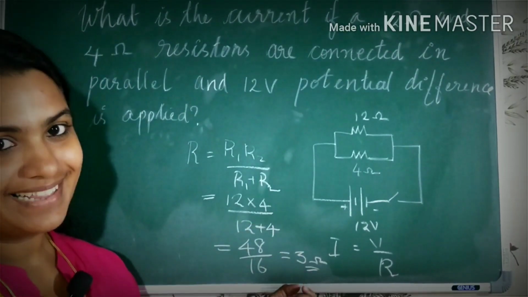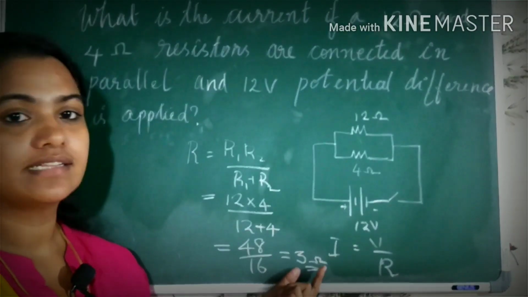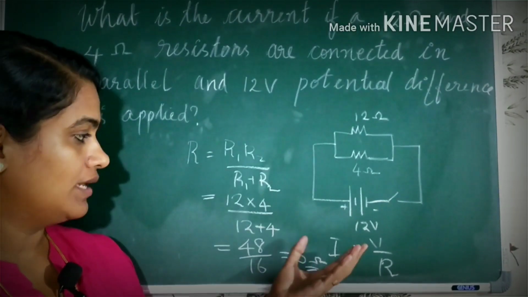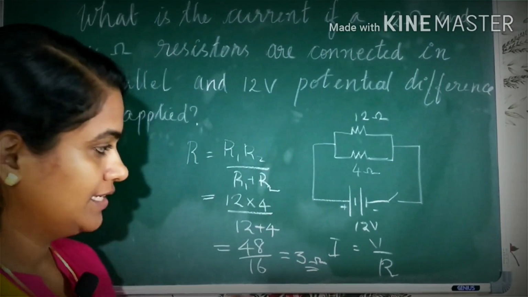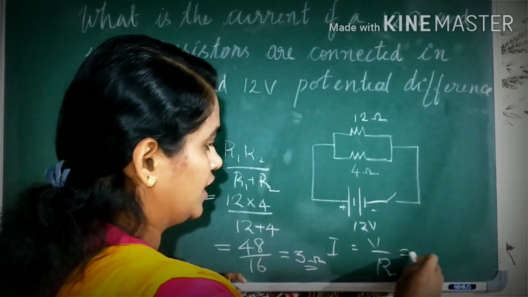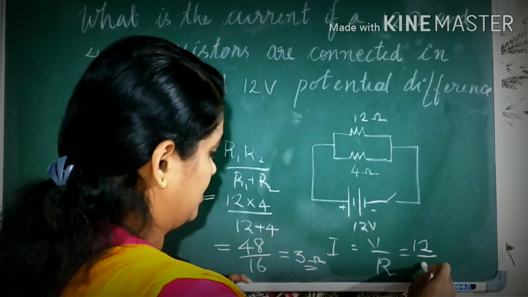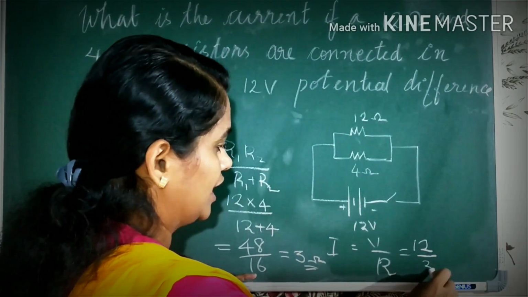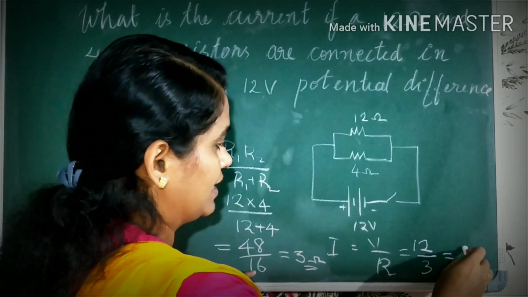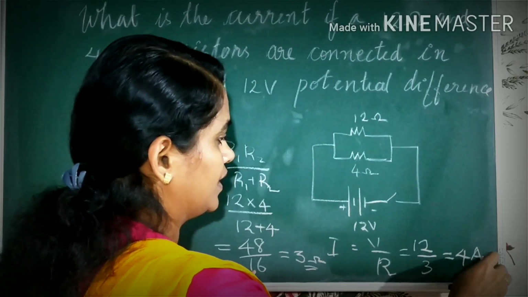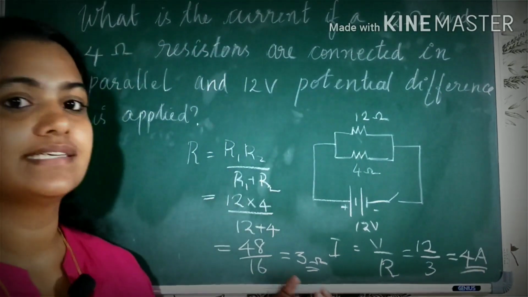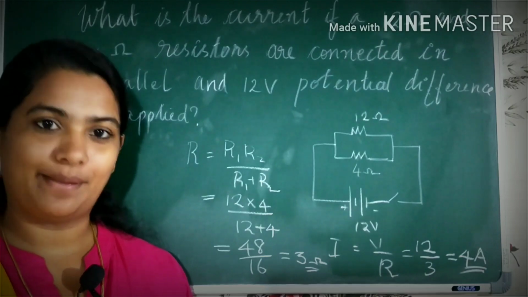Now the current is I is equal to 12 by 3, so we get 4 ampere. So the current in the circuit is 4 ampere.